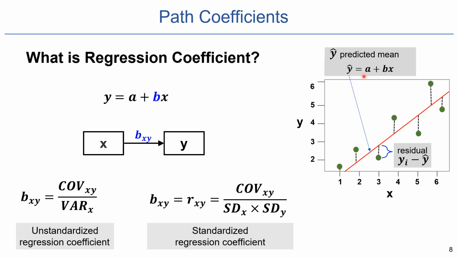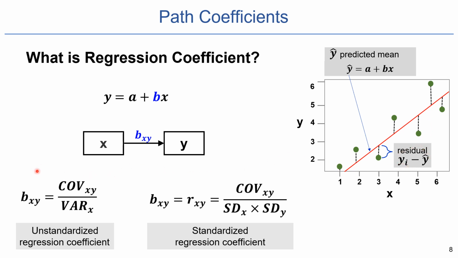The coefficient a is the intercept, the value of y when x equals 0. And the regression coefficient b is the slope of this predicted mean. Now the differences between each data point and this predicted mean are our residuals.